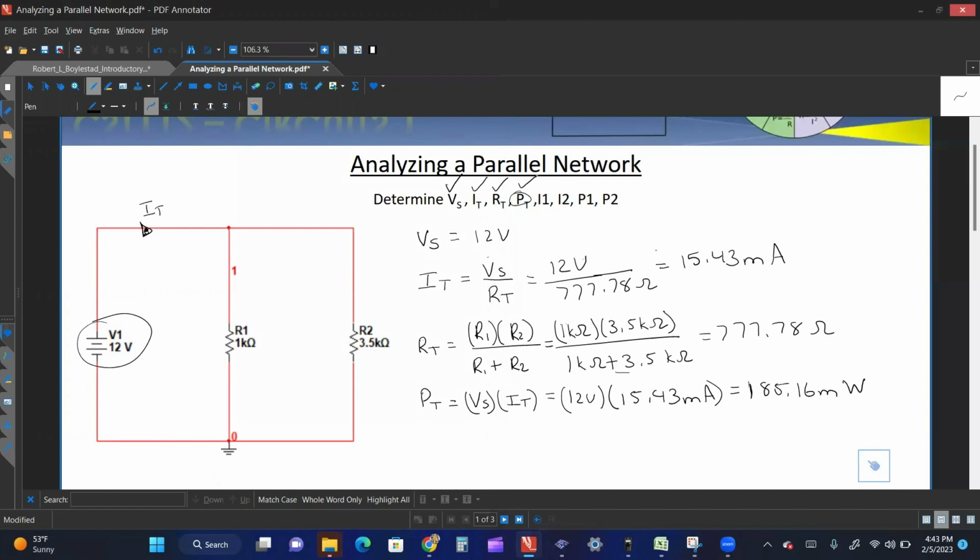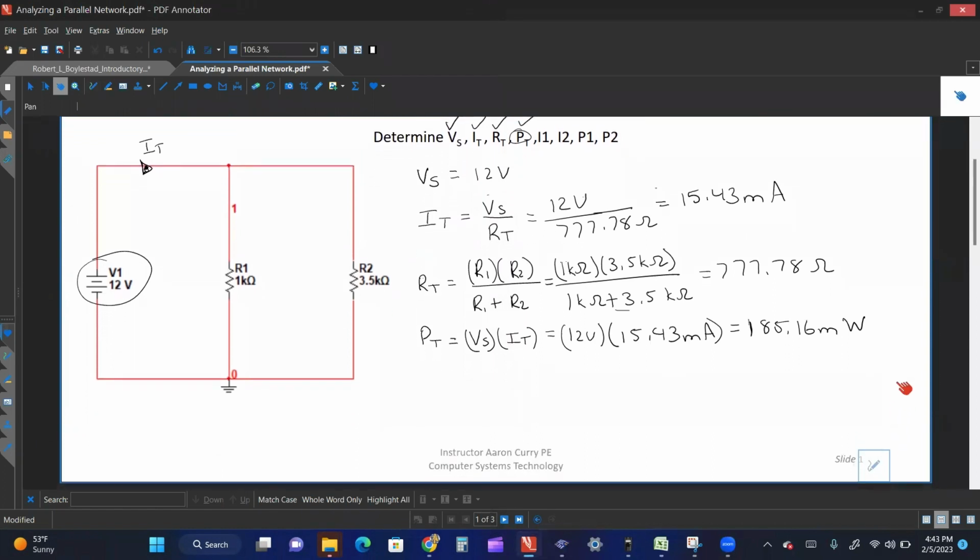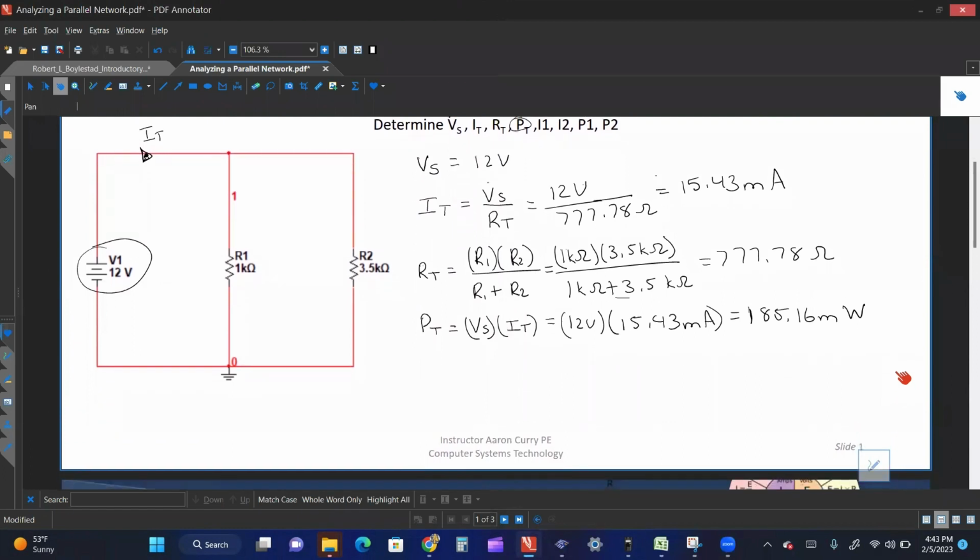And now let's calculate the current through R1 and R2. I think I may run out of some room, but let me see if I can get it all to fit. All right, so I1, trying to find I1 right here. This is I1.